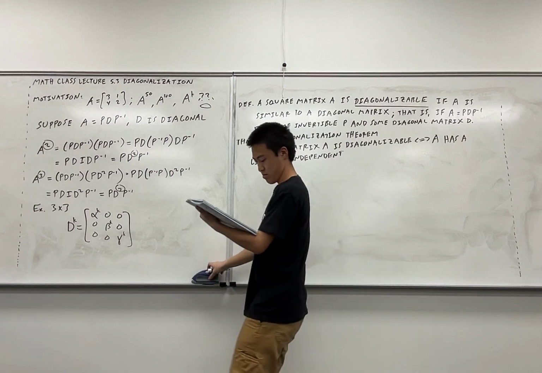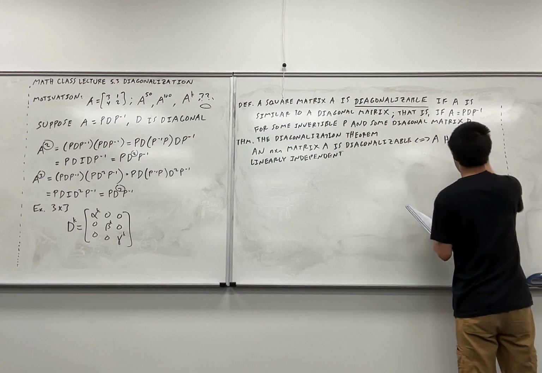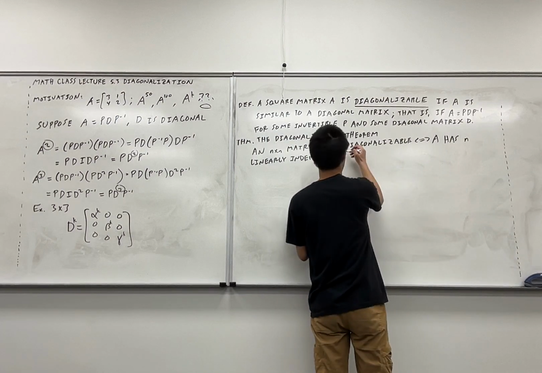Oh, I totally typoed myself. Okay, A has not just one, but n linearly independent eigenvectors.